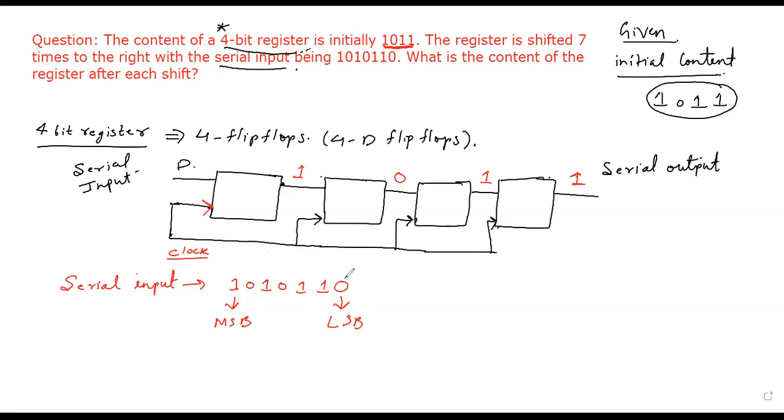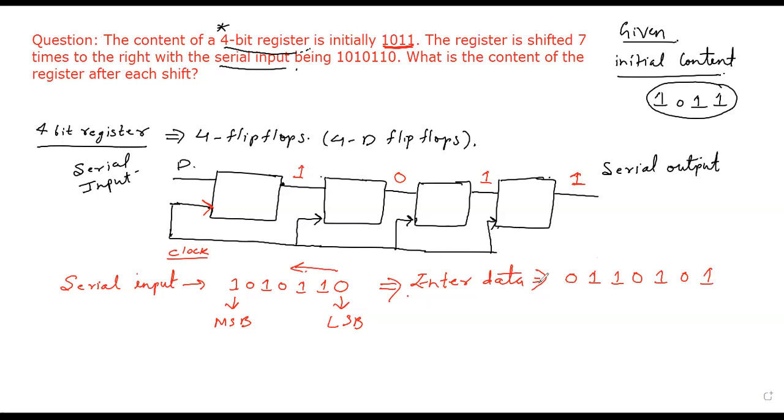That means first 0 will get entered here, then 1, then this one, then 0, 1, 0, 1. The order in which we enter the data is reversed, from least significant to most significant. This is how we make sure we are doing the right shift.